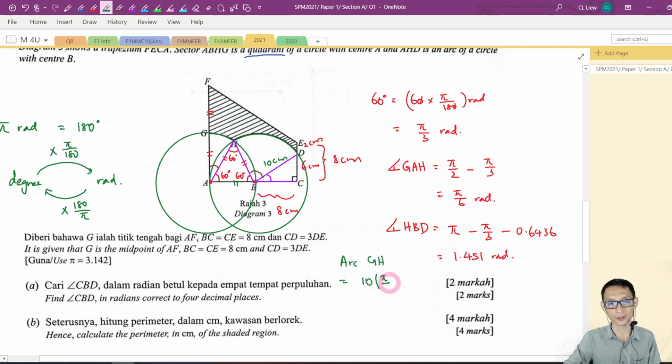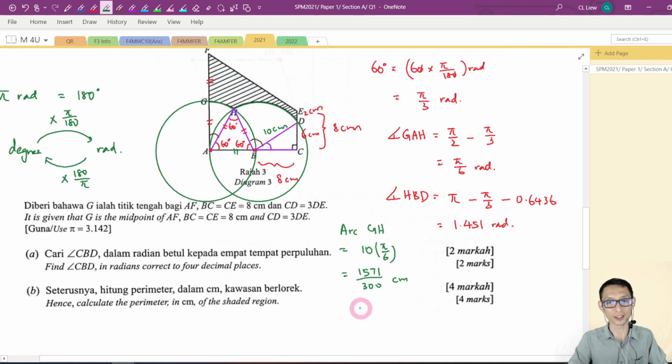So just press your calculator, pi using 3.142, 10 divided by 6 times 3.142. So you will get, let me just write in fraction first, 1571 over 300 centimeters.